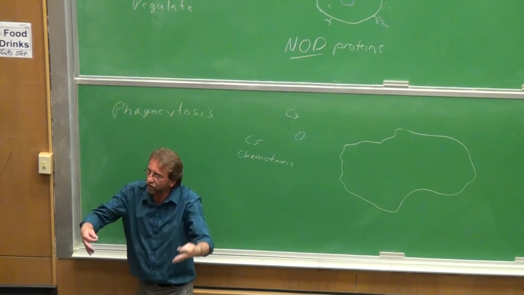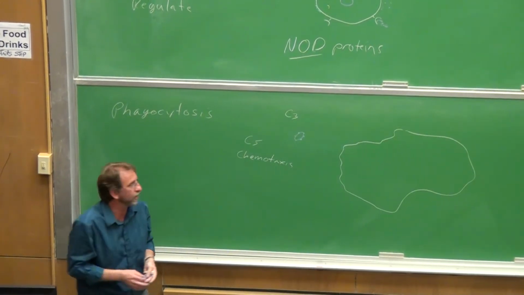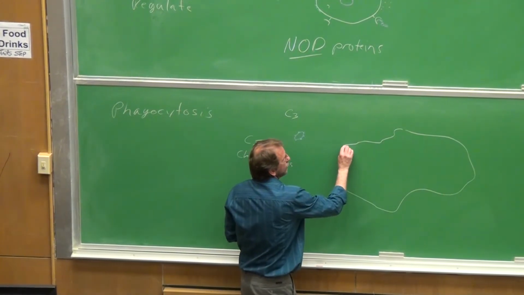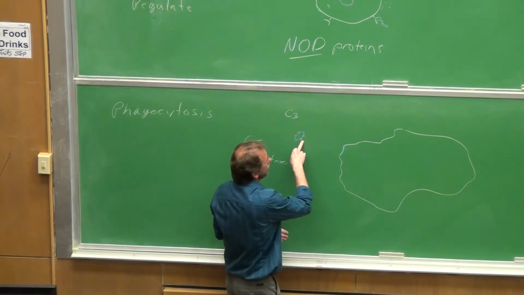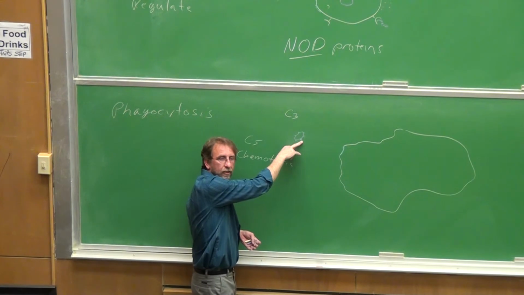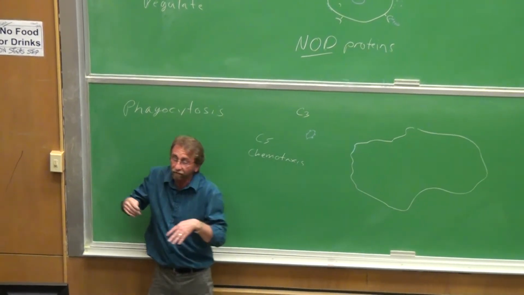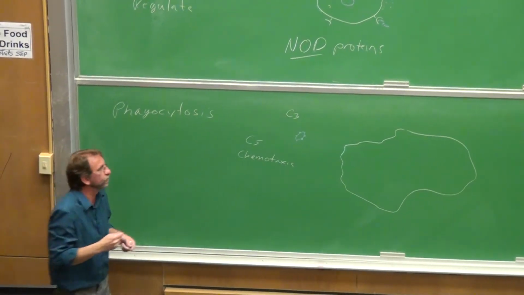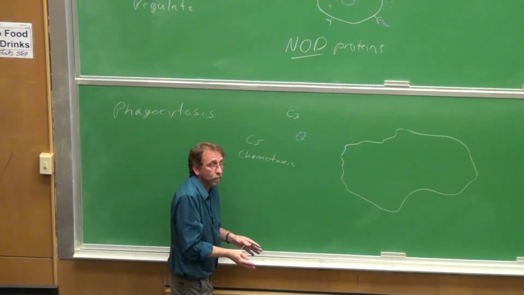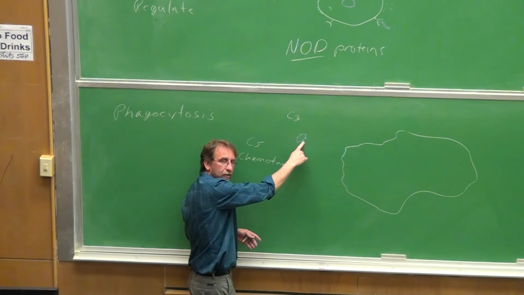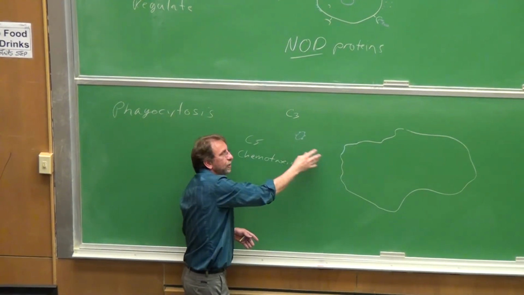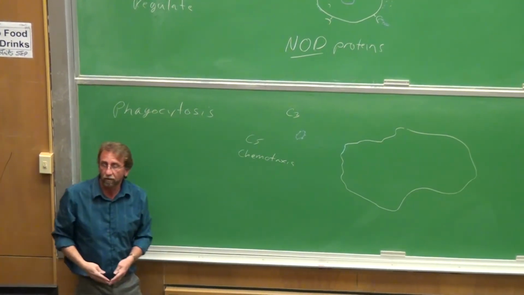The complement kind of serves as that marker for the macrophage. The macrophage has on its surface, of course, receptors that will be specific for this complement. So now it doesn't really have to have different receptors for every type of bacterium that it could come into contact with. It only has to have receptors for complement. If complement coats the bacterium, it can recognize the complement and then engulf the bacteria.